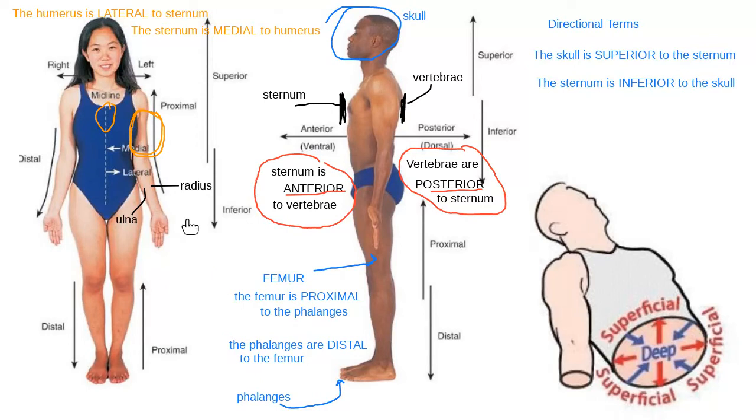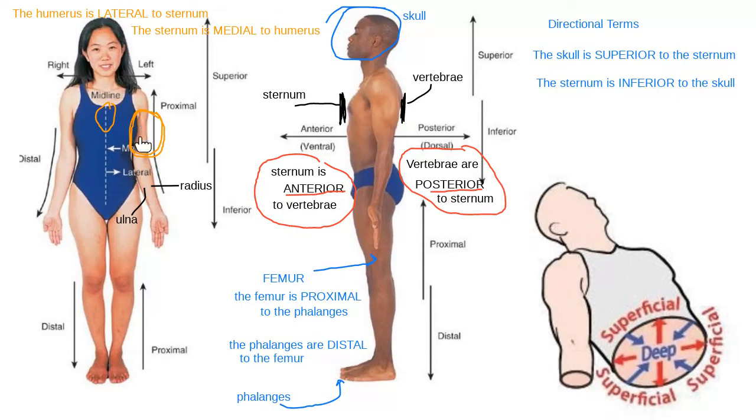If I want to compare the humerus to the radius, let's see if we can use our words again. The humerus is blank to the radius. The humerus is, yeah, a few of us are chiming in, proximal.